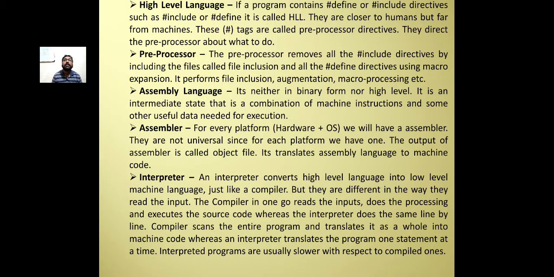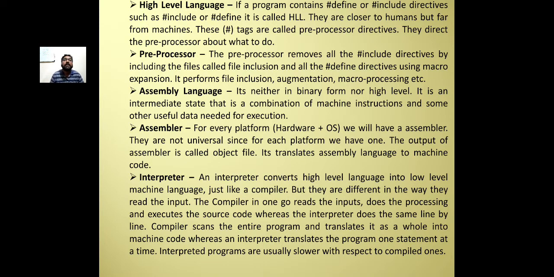They direct the preprocessor about what to do. The preprocessor removes all the include directives by including the files, called file inclusion, and all the define directives using macro expansion. It performs file inclusion, argument handling, macro processing, etc.